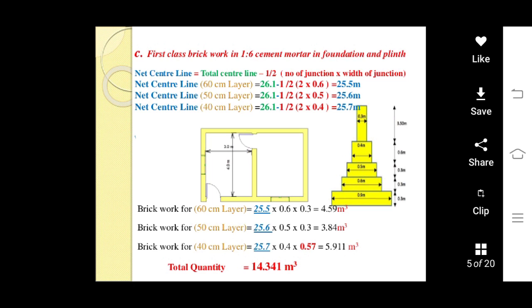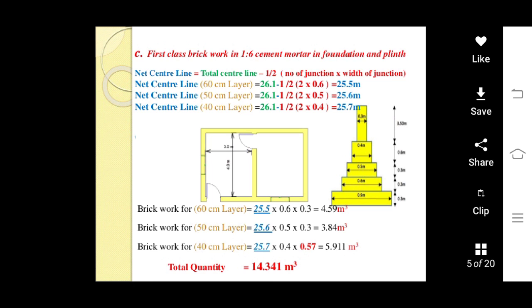Brickwork for third step having 40 centimeter width, the quantity can be calculated by multiplying 25.7 into 0.4 into 0.57, which gives 5.91 meter cube.